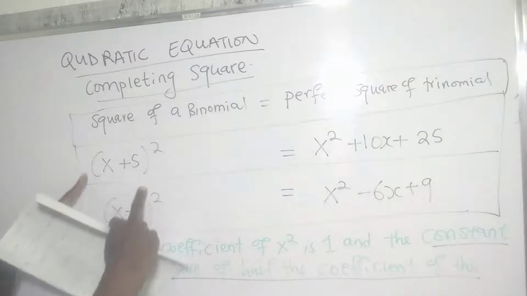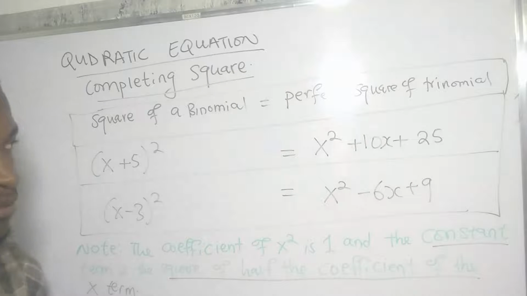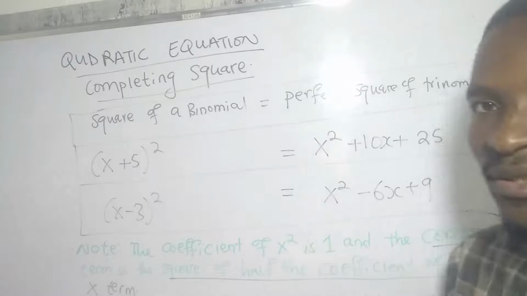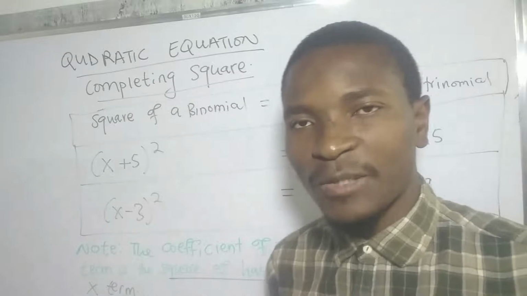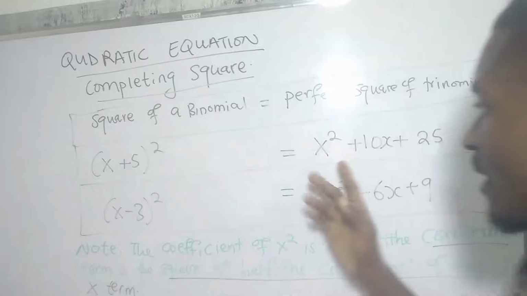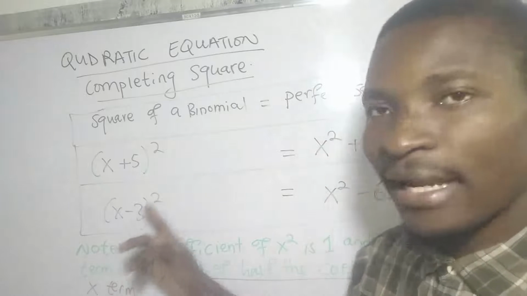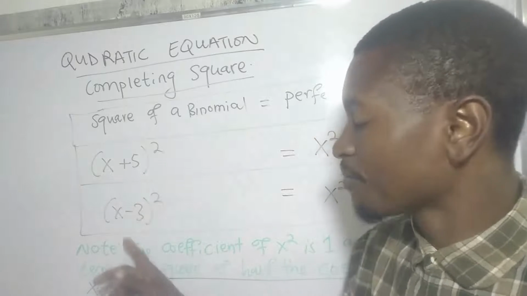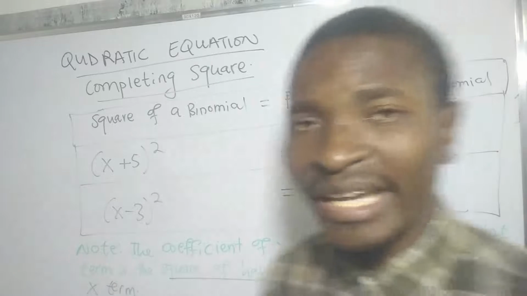And then when you come to the other part, this is open bracket x plus 5 close bracket, and then you square it. What this simply means is that you square it. So as you start to expand this expression, you are going to get this one, which is a trinomial. And the other second example is that when you square the binomial, what you get is a trinomial.